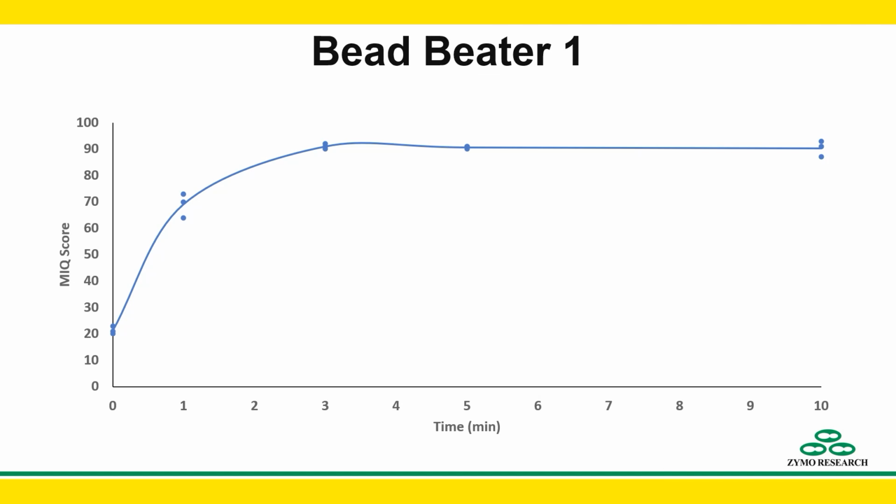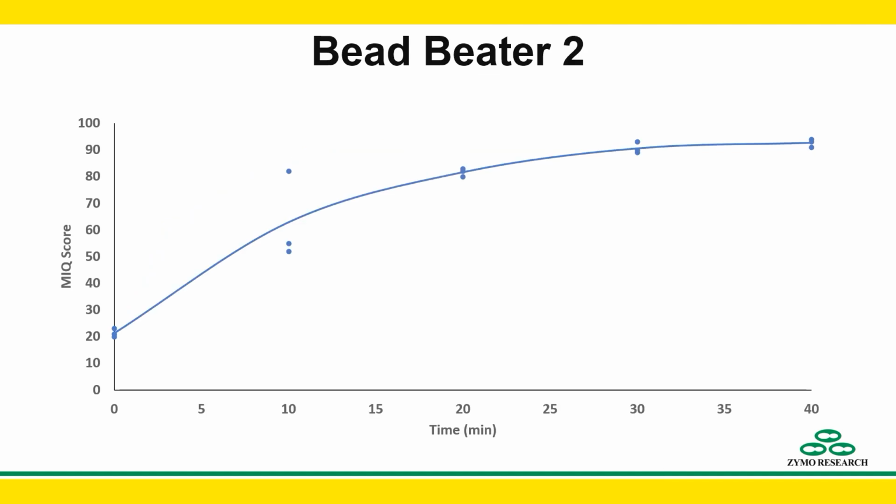In the case of this bead beater, we can see very clearly that we've hit a plateau by about 3 to 5 minutes of bead beating. Running it out to 10 minutes doesn't give us improved performance, and by this 3 to 5 minute period, we plateau out in the high 80s or 90s. Again, giving us a very acceptable performance, and now we know running this machine 3 to 5 minutes is going to probably give us a consistently good lysis.